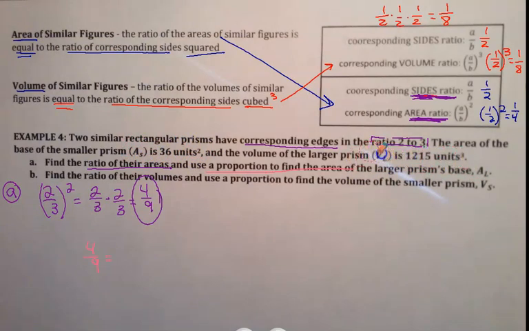So let's see. We found the ratio of the areas. Now we want to use a proportion to find the area of the larger prism's base, which is A sub L. They gave us some information about the area of the base of the smaller prism earlier, A sub S, which is 36.